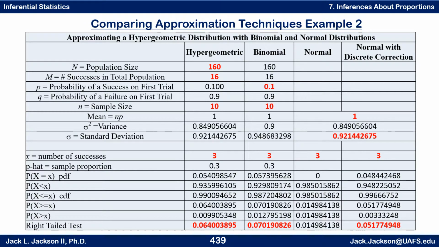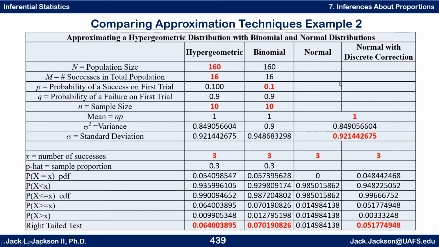Now, if the population size gets a lot bigger, like say 160, and here we have the hypergeometric and the binomial compared, and say we get 3 successes in a sample of size 10, and we compare those, say for a right-tailed test, compare these two red numbers here, 0.064 and 0.070, we see they're not too far off.